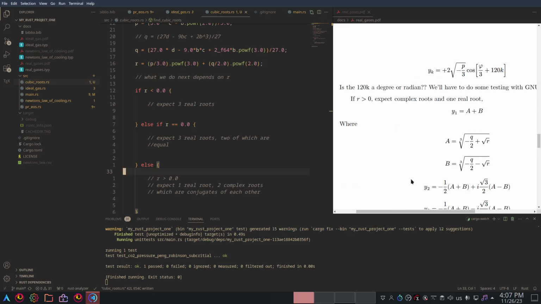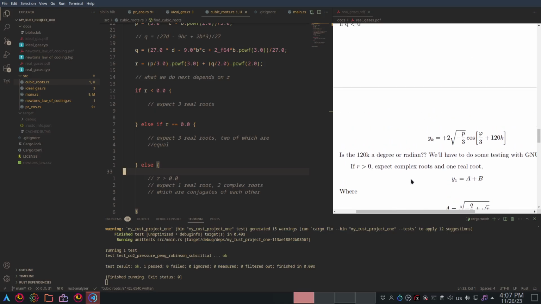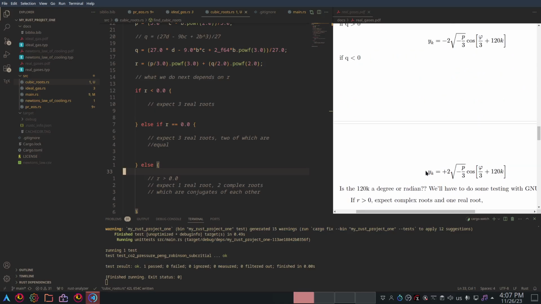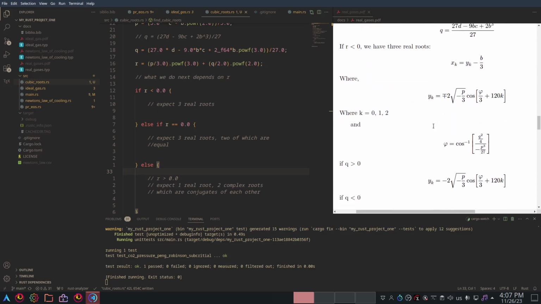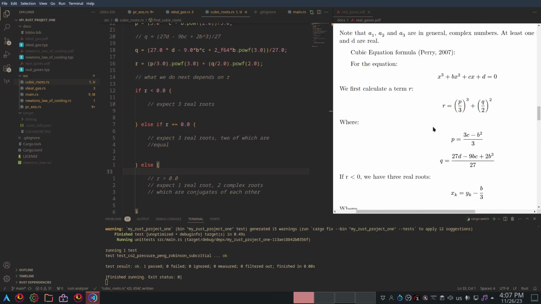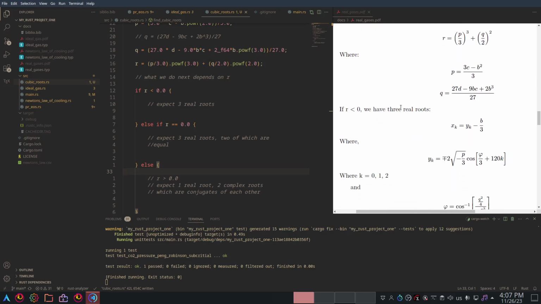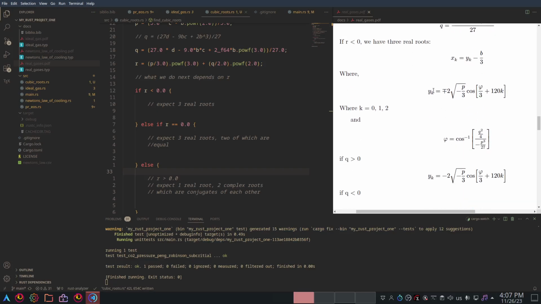So what do we do here? For r less than 0, we will have this formula here. xk equals yk minus b over 3, where yk is this very long thing.